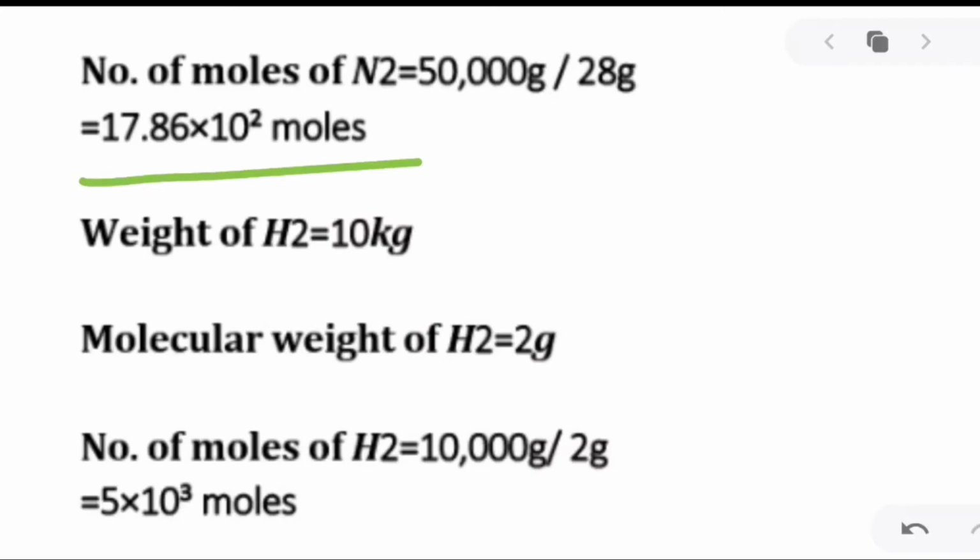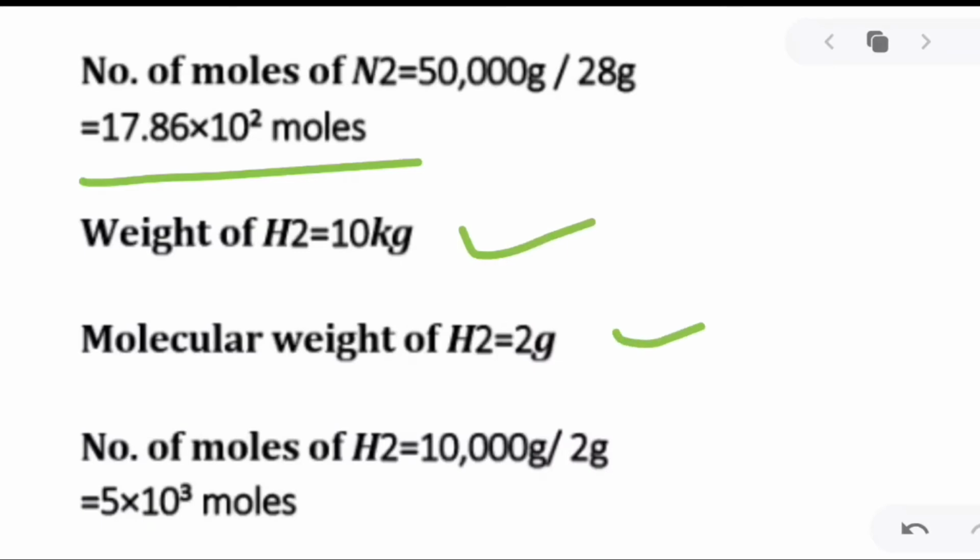Now to calculate the number of moles of H2, we must know the weight of H2 and the molecular weight of H2. The weight of H2 given is equal to 10 kg and the molecular weight of H2 is 2.01 gram. But for our convenience, to make the calculation easy, we are taking the molecular weight of H2 as 2 gram.